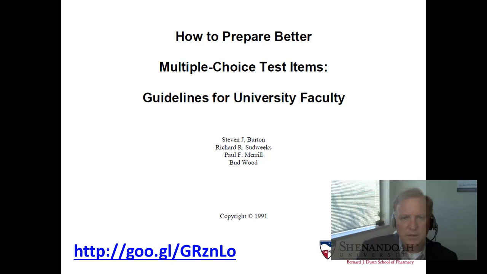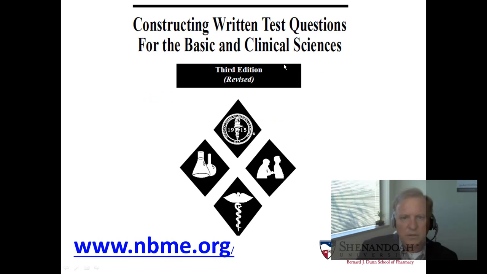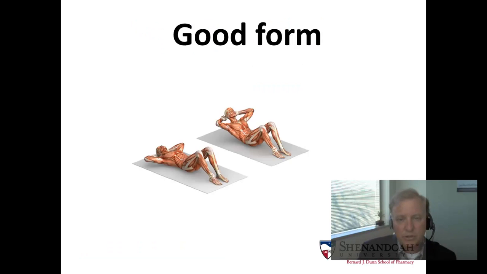Research basically on psychometrics of question types. Constructing written test questions, on the other hand, has a lot of examples that you will find very useful. Question templates where you can just plug your content into these questions, and they take care of a lot of the issues surrounding question form.